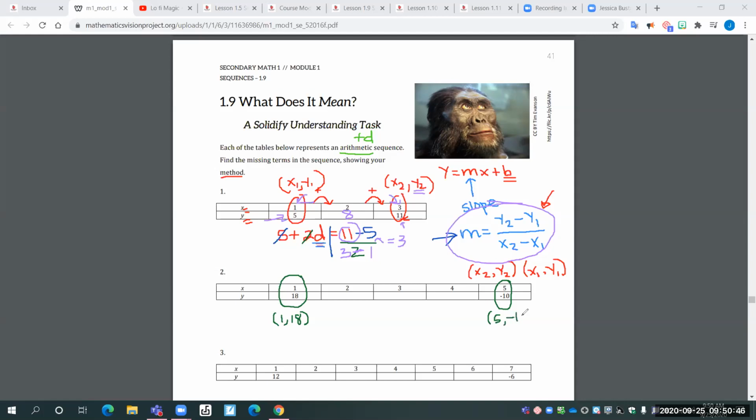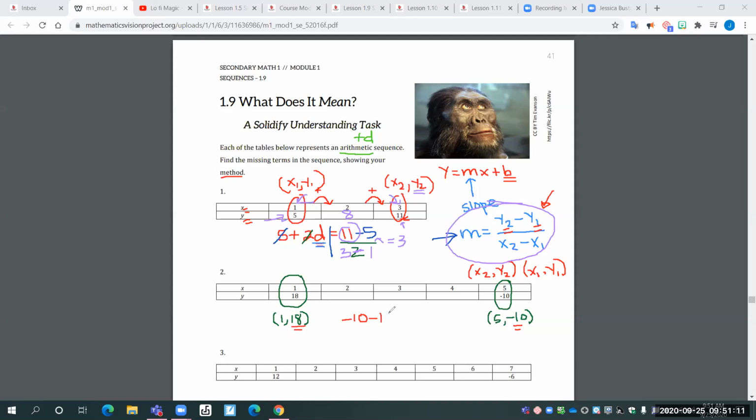Now remember, our formula for the slope: we take y sub 2, negative 10, and subtract y sub 1, the y over here, 18.